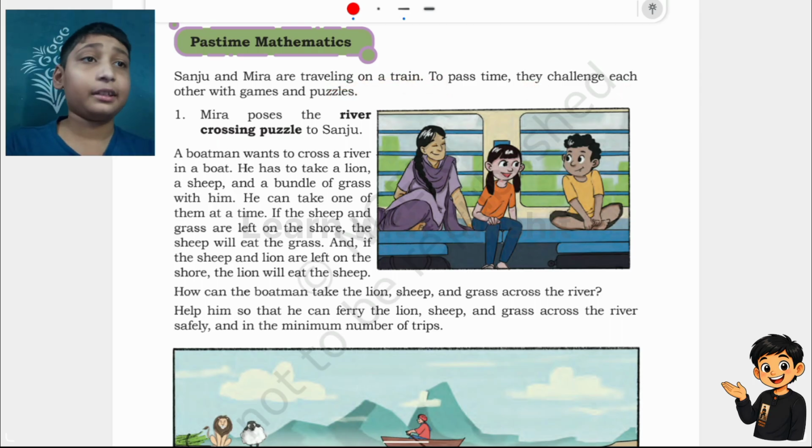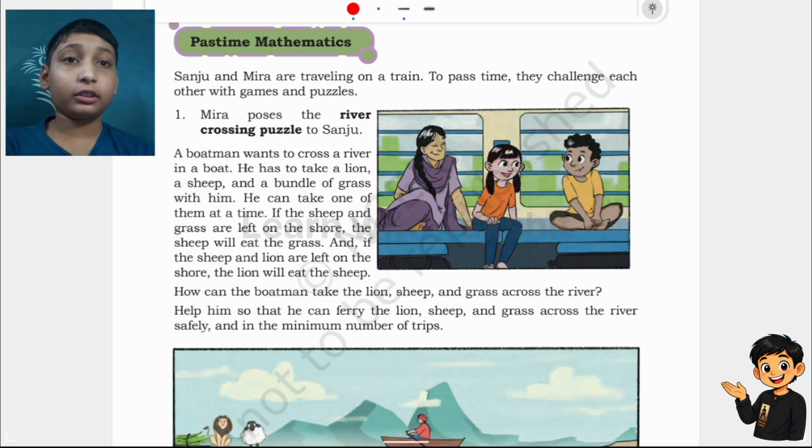To pass time, they challenge each other with games and puzzles. 1. Meera poses the river crossing puzzle to Sanju. This is Meera and this is Sanju. Meera is telling a riddle, which is called the river crossing puzzle.